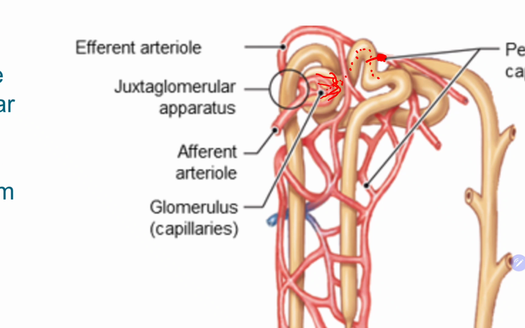And if it's going back into the blood, it's going back into the body. So you have to understand whatever stays in this tubular system is going to exit the body, okay? But if we reabsorb it back into the blood, it stays in the body, okay? So you got to remember that.